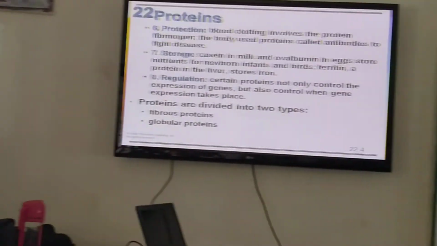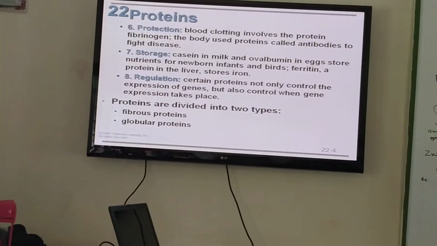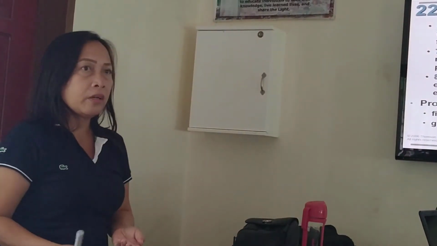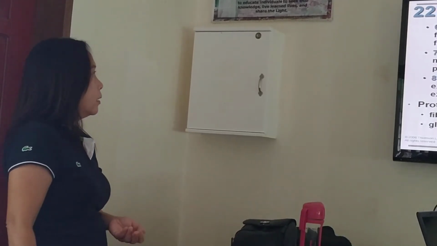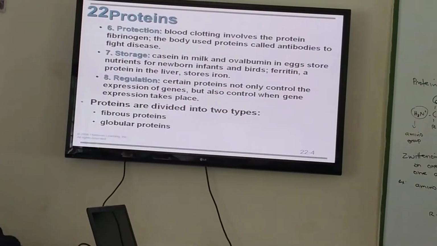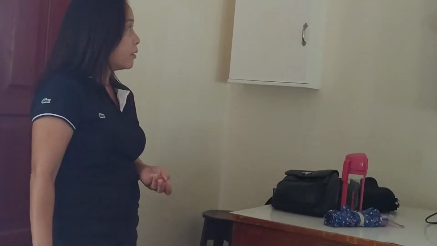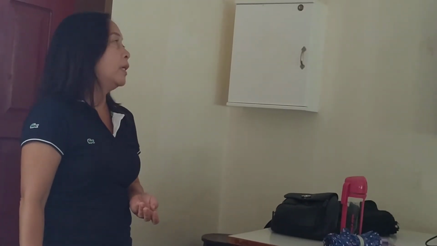And we have that fibrinogen, an inactive form, which is converted into the active form called fibrin. Okay. Then, the body uses proteins called antibodies to fight disease. Antibodies are also protein by nature, which are produced by B cells.